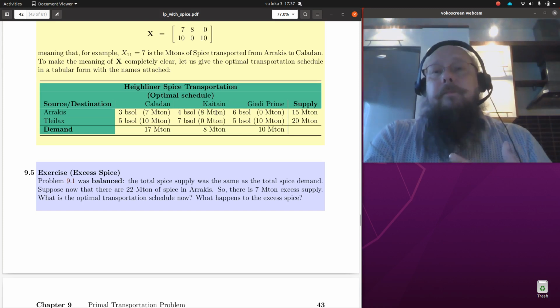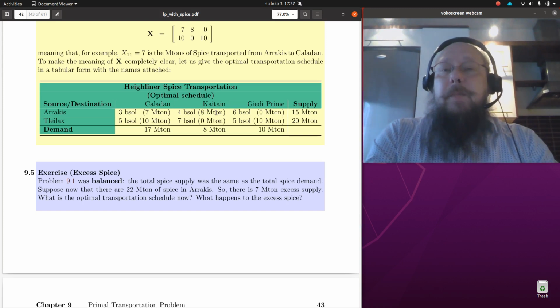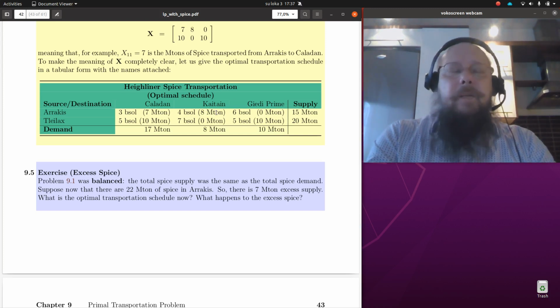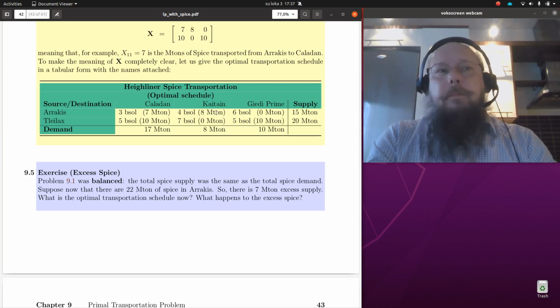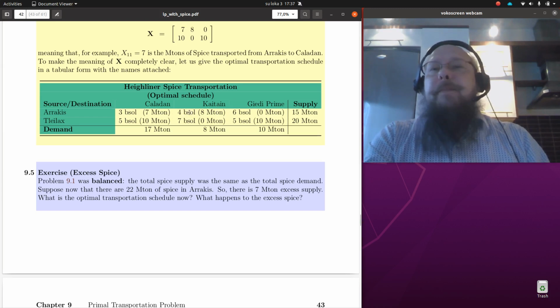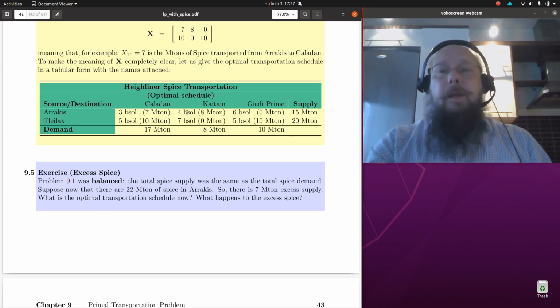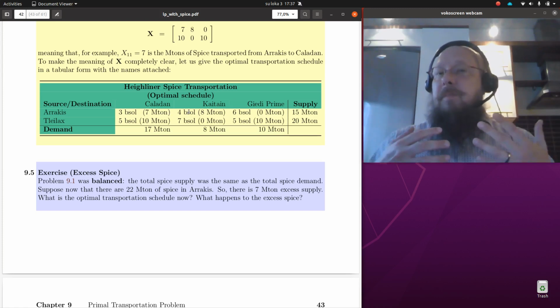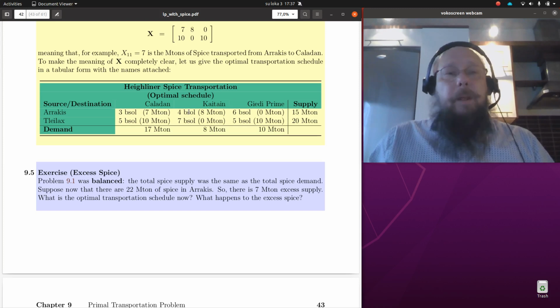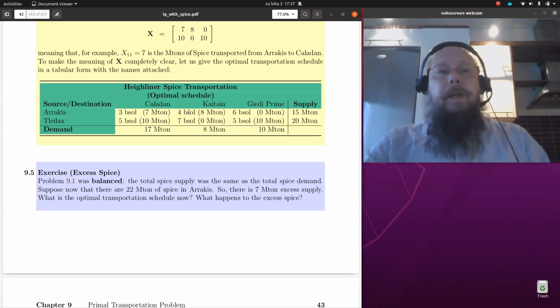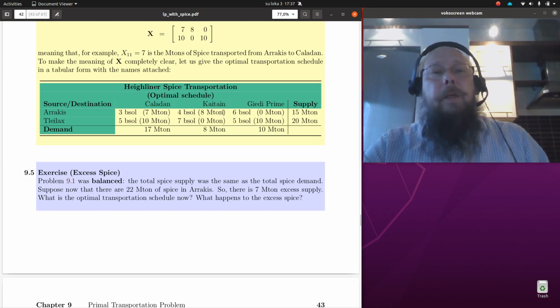A very typical trick, if something is prohibited, is this: it's very difficult to state this directly in LP. What we can do is make this route so expensive that it will never be used. The classical way is the big M trick. You put there a big M and define the big M to be a big number, something like 10 or 100 times bigger than any other number in the problem. Because of that, in the optimal solution there would be 0 here.